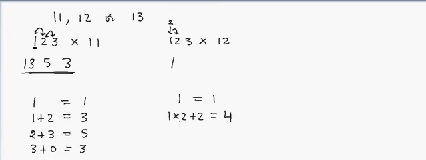Then for calculating the third digit of the answer, I'll do 2 into 2 plus 3, that will be equal to 7. I multiply this by 2 and then add the 3, so that will be 7.